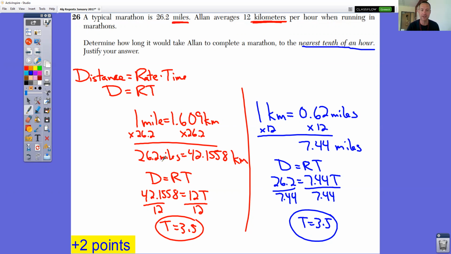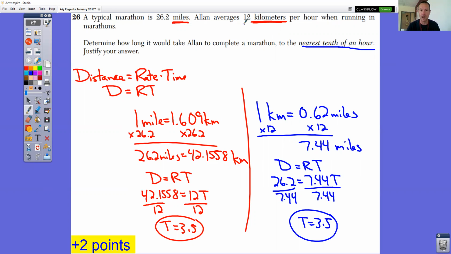So if we multiply by 26.2 and multiply by 26.2, we get that 26.2 miles is 42.158 kilometers. So stick that into your distance equals rate times time. The total distance is 42.158 kilometers. That's how many 26.2 miles is. So we're making it into kilometers.